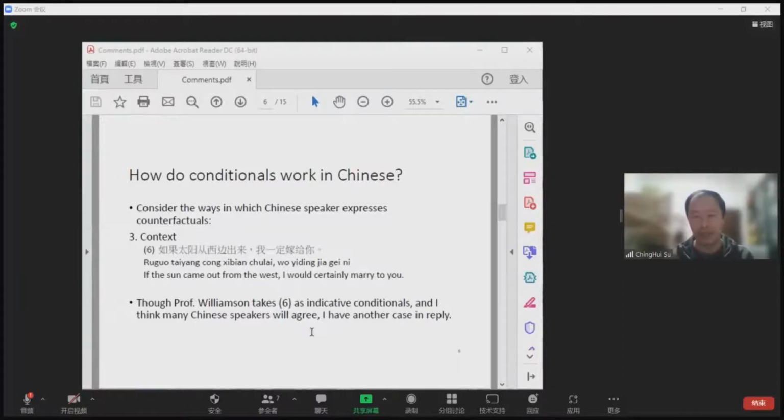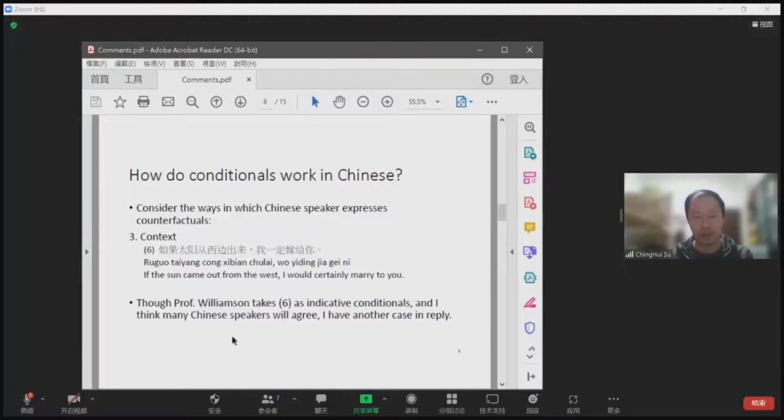Besides, given salient contextual information, a conditional can contain an antecedent that is known to be contrary to fact, with no use of any special way introduced above. Such a conditional can be taken as a counterfactual. However, when I wrote a mail to Professor Williamson, he replied and cited a case in his book, and said maybe 6 will be classified as an indicative conditional.